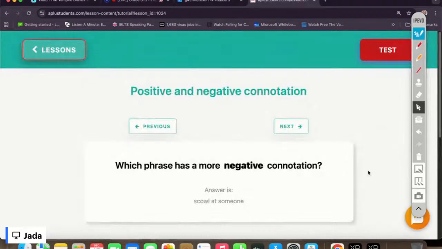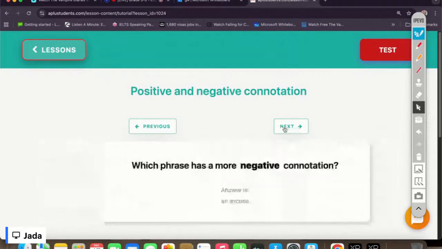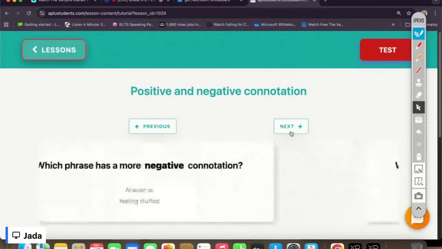Okay, so the negative connotation, your question on the chat, gives a negative vibe to the idea or the word. Okay. So which phrase has a more negative connotation? When you scold someone, it is negative. Okay.